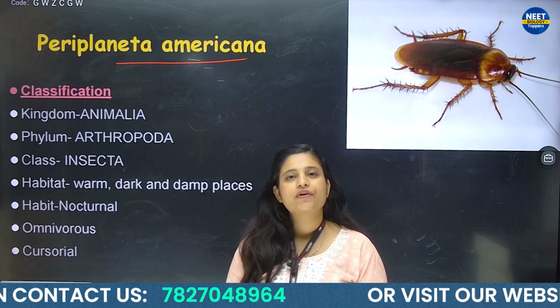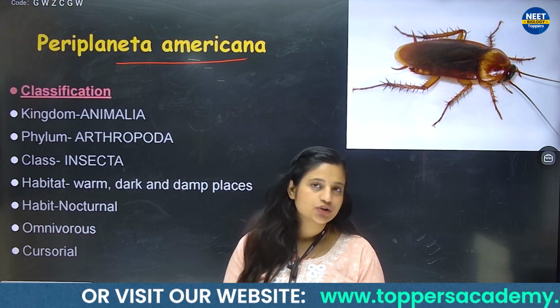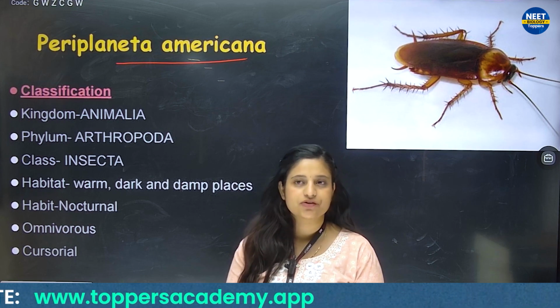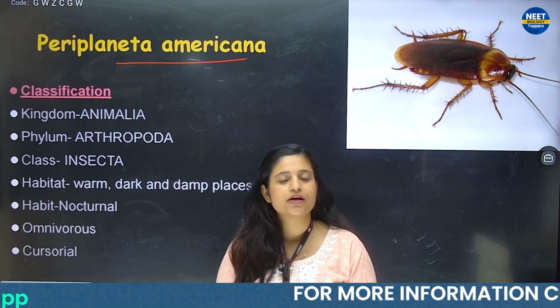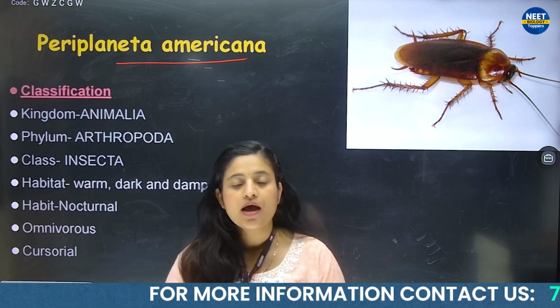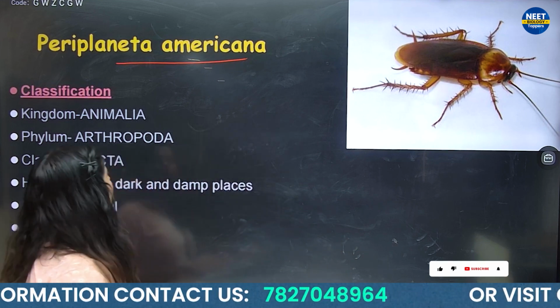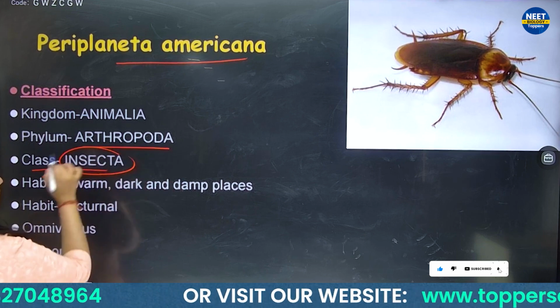So we have Porifera, Coelenterata, Ctenophora, Annelida, Arthropoda, Mollusca, Echinodermata, Platyhelminthes, etc. Among all of these phyla, the largest is Arthropoda, and the second largest phylum is Mollusca. Okay, so their phylum is Arthropoda and it belongs to the class Insecta.